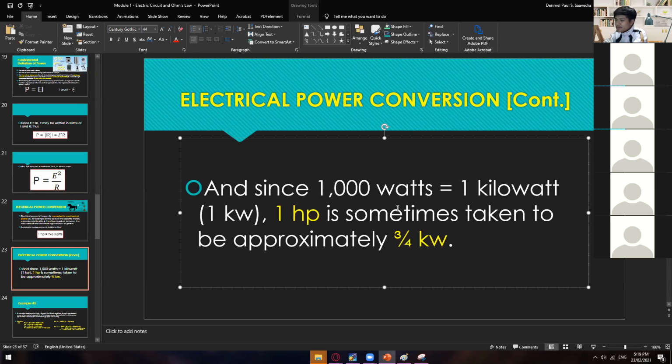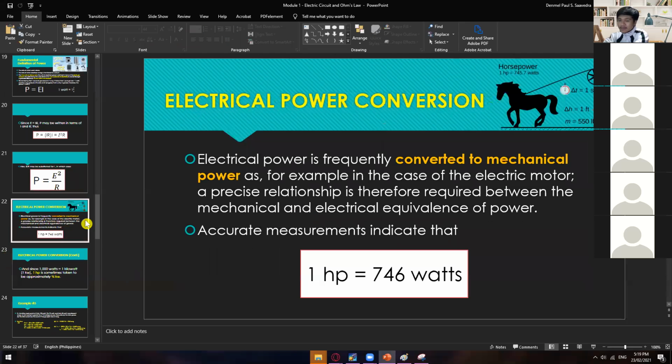1 kilo is equivalent to 1,000. You can have 1 kilowatt in watts, but in horsepower we don't say 1 kilohorsepower. There is no such thing actually. So as you can see, they are not actually 1:1.